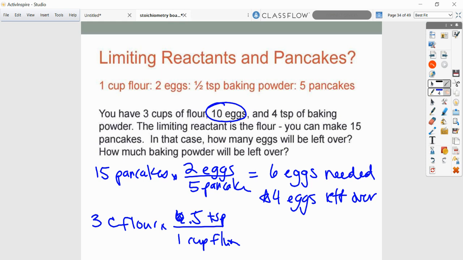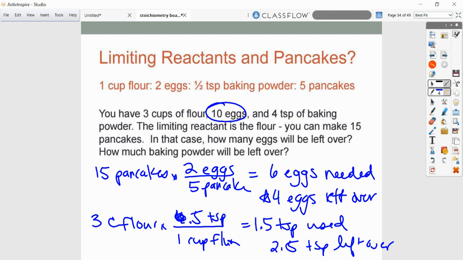And so 3 times 0.5, I would use 1.5 teaspoons used. So that means that I would have 2.5 teaspoons left over. I would get the same answer if I started with pancakes and looked at the teaspoons, and I'd have the same answer for the egg if I started with the flour instead. So all of these relate, so there's more than one way to get to the right answer.